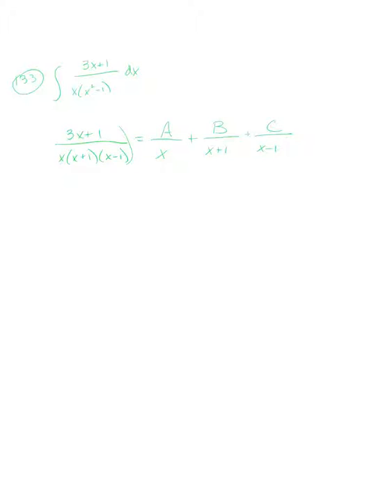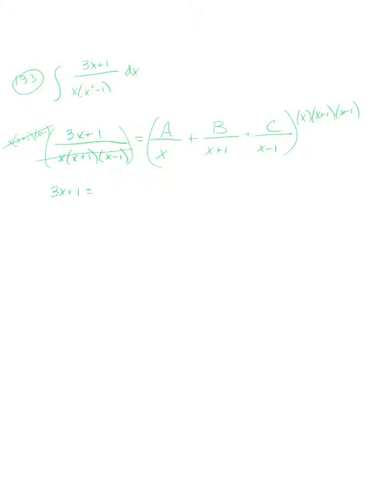We multiply both sides of the equation by the common denominator. On the left, the entire denominator cancels and I just have 3x plus 1.